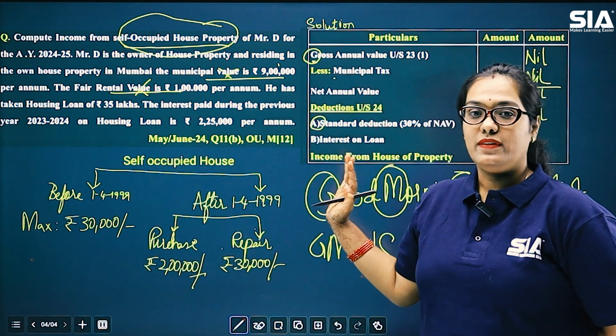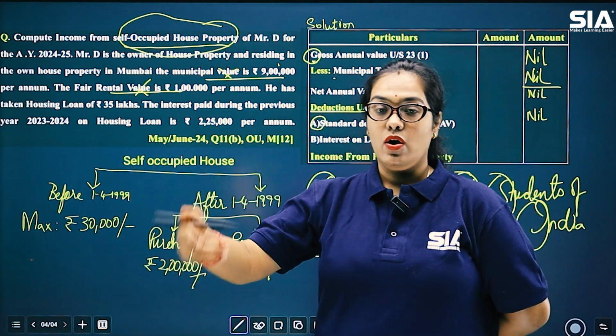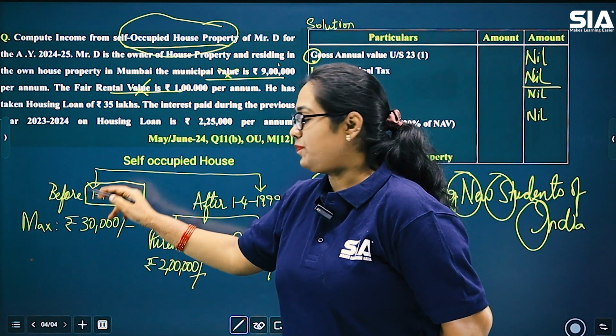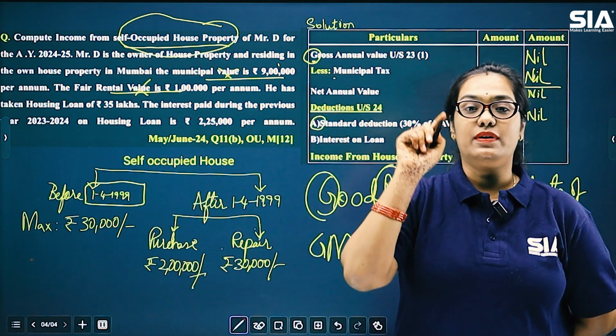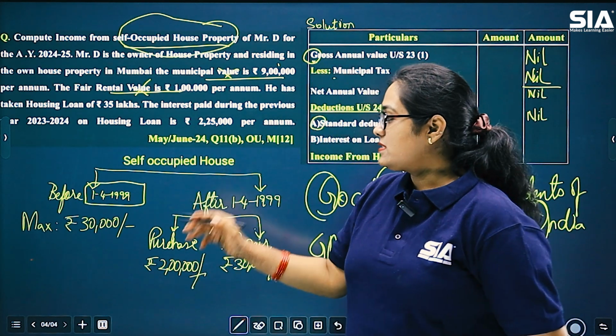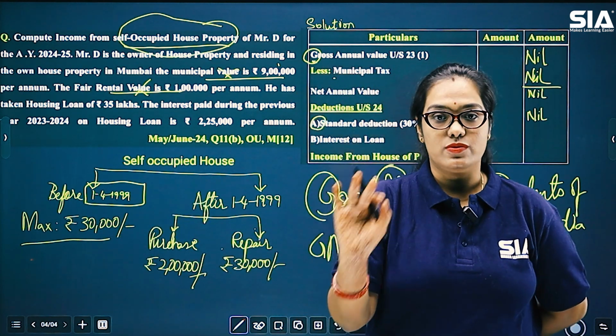If the house is constructed or renovated or bought before 1st April 1999, what is the date? 1st April 1999. In that case, the maximum deduction that is allowed is only rupees 30,000.